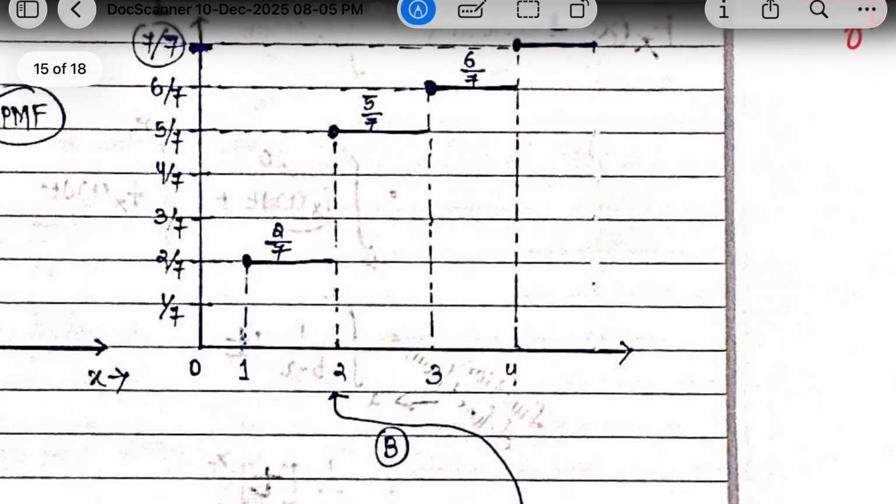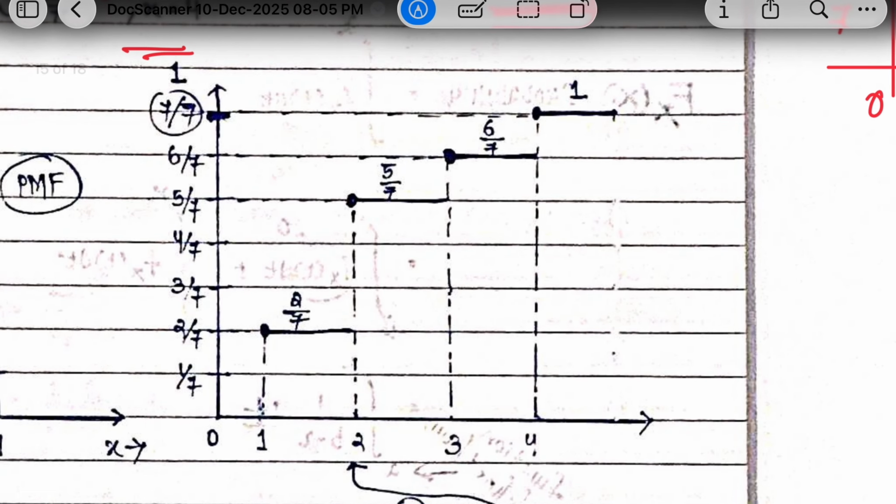Here F of 1 is P of x less than or equal to 1.